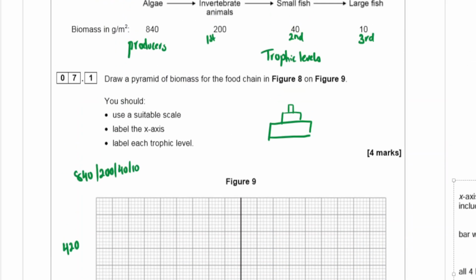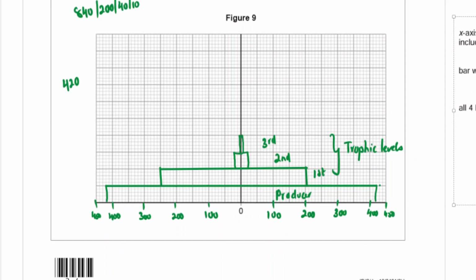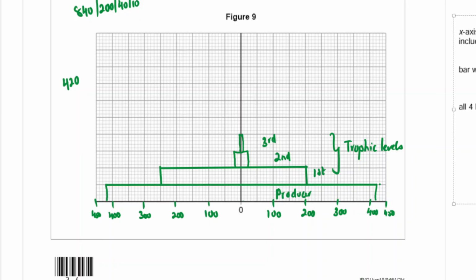Now I've labeled this as producer, primary consumer, secondary consumer, and tertiary consumer.